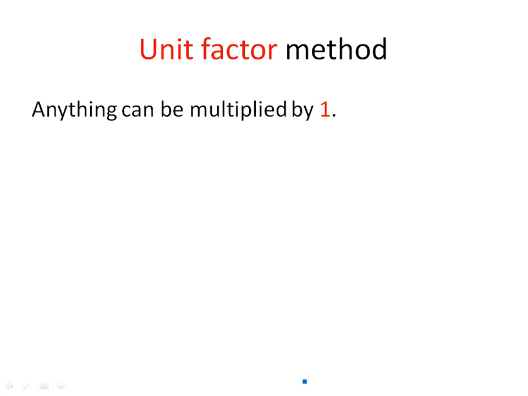To help us to solve problems, we can use a method called the unit factor method. This relies on the fact that anything can be multiplied by 1. 3 multiplied by 1 is still equal to 3.